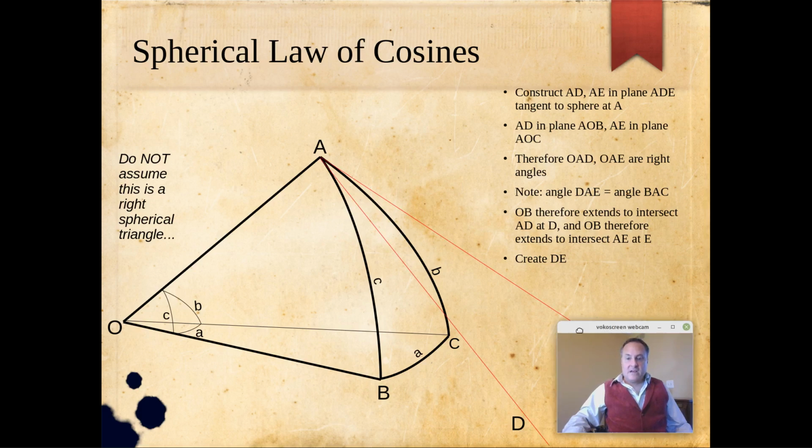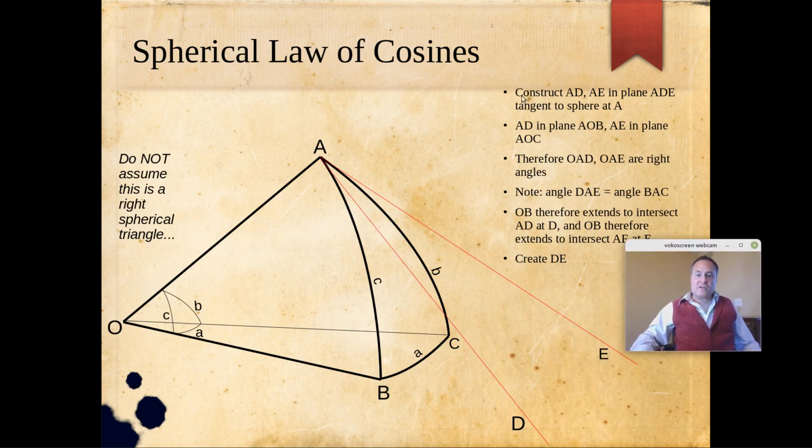So what we've done is we've constructed AD and AE in plane ADE. These lie in a plane, they're all coplanar, and they're tangent to the sphere at A. It's as if a piece of glass were set on the sphere at point A. It has to be perpendicular to OA. That's the definition of a tangent plane to a sphere.